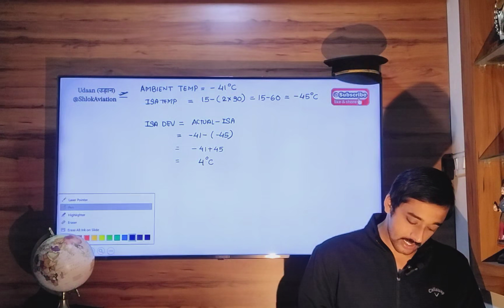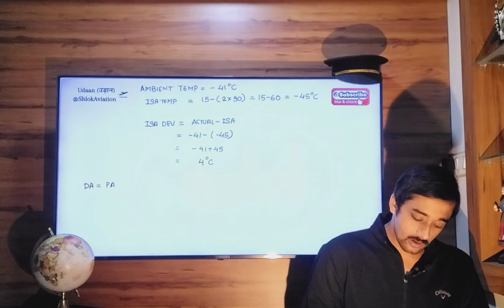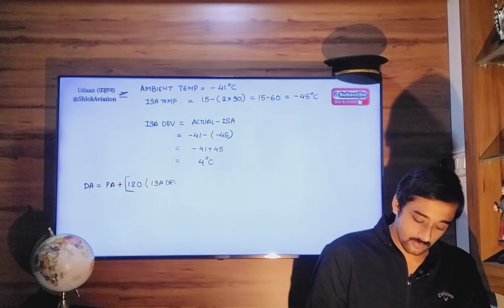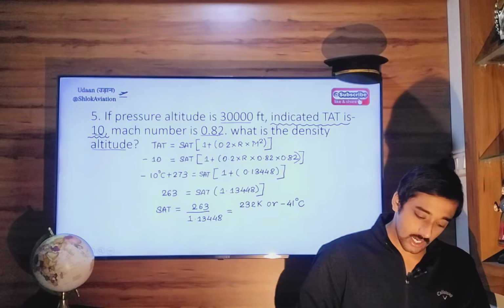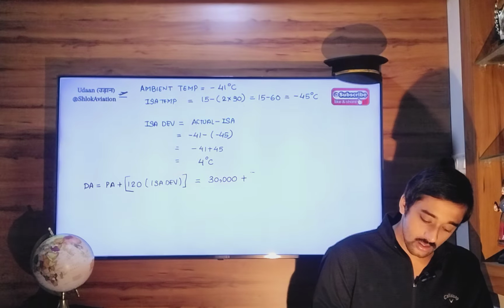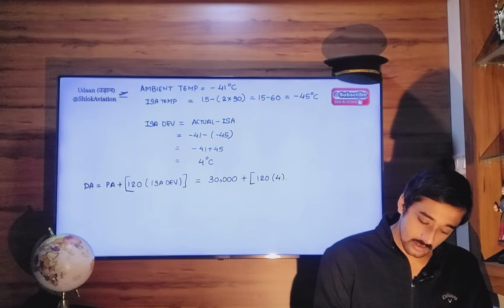Now density altitude. Density altitude equals pressure altitude plus 120 into ISA deviation. So pressure altitude is 30,000 plus 120 times ISA deviation, that is 4.